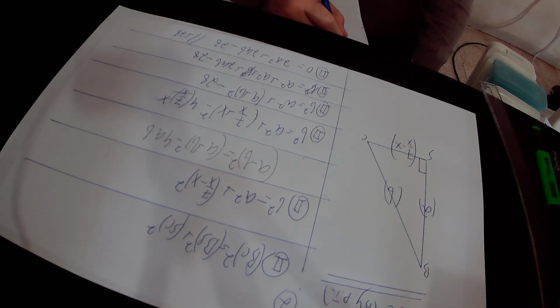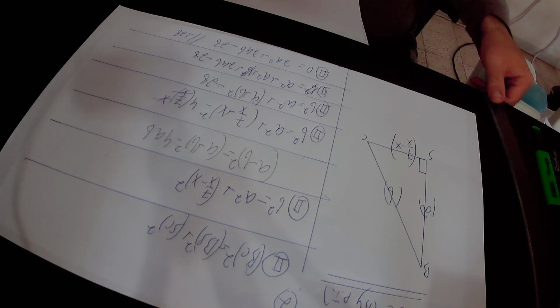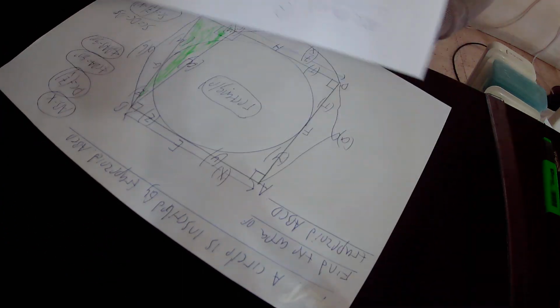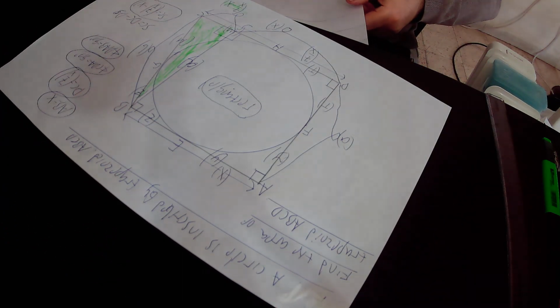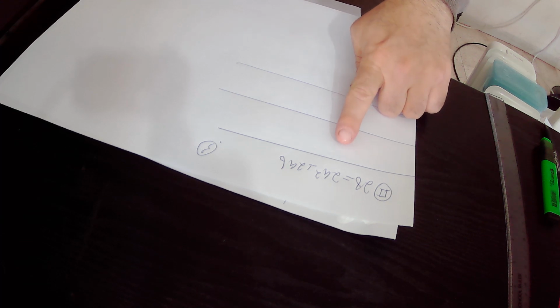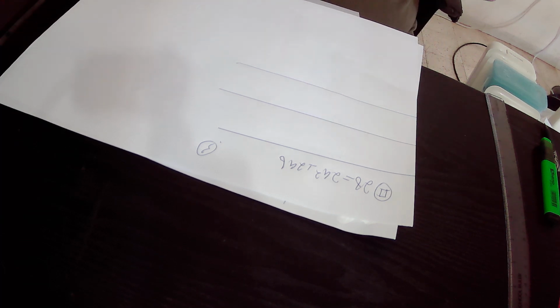zero plus 28 is 28, equals, on the other side of the equation, 2a squared plus 2ab. So in conclusion, according to equation 2, 28 equals 2a squared plus 2ab.